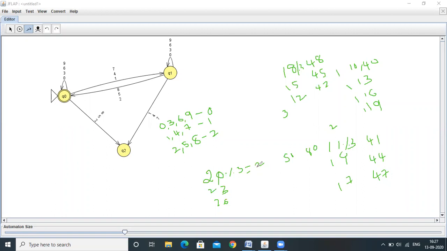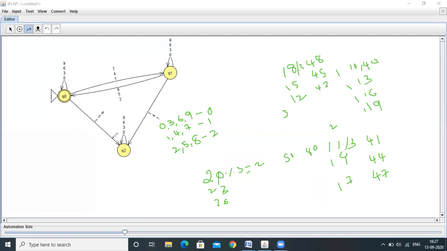For all these numbers the remainder is 2. It means it will reside within the same state on 0, 3, 6, 9. Let's design it on 0, 3, 6, 9.